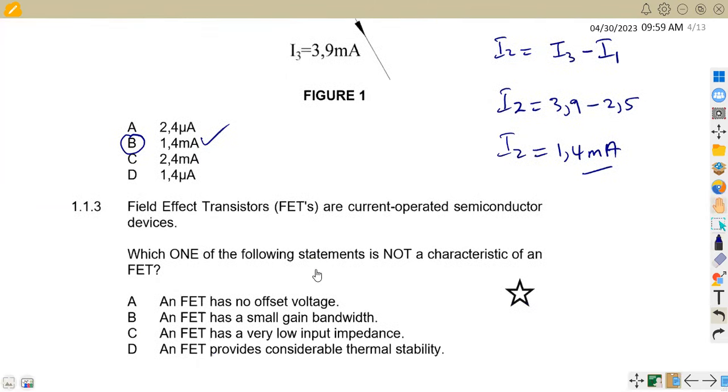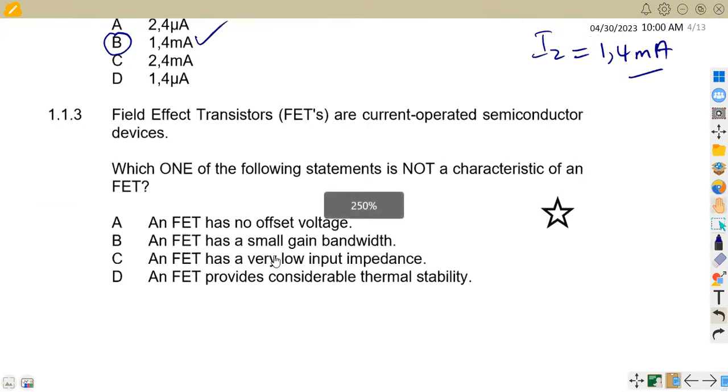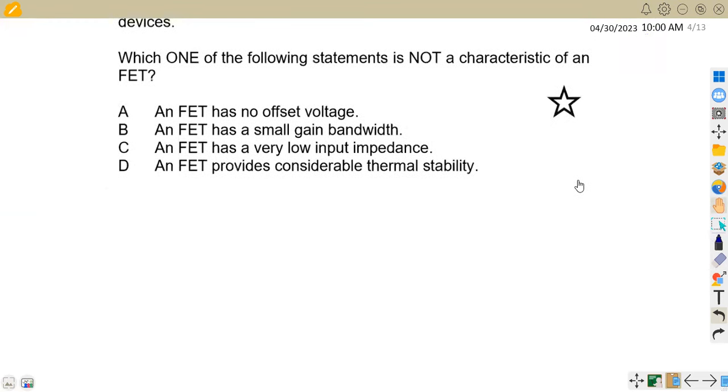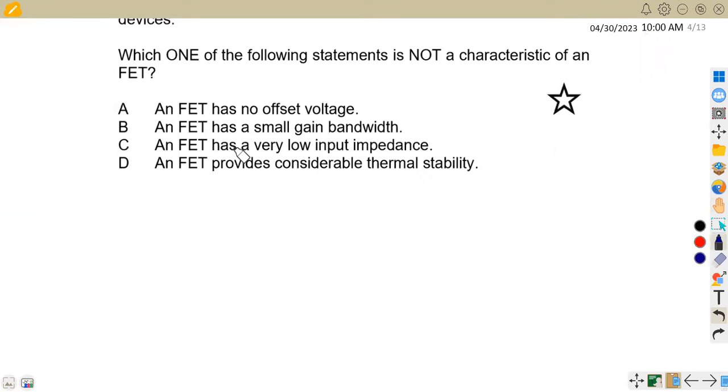All right, on 1.13, field effect transistors, which are FETs, are current operated semiconductor devices. Which one of the following statements is not a characteristic of an FET? An FET has no offset voltage. This is true.